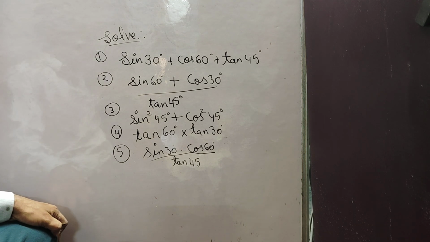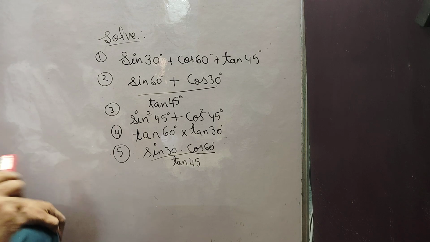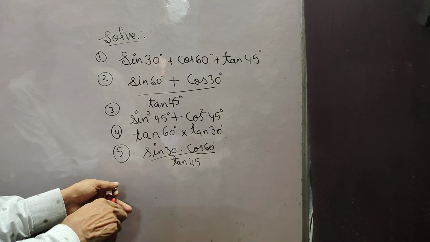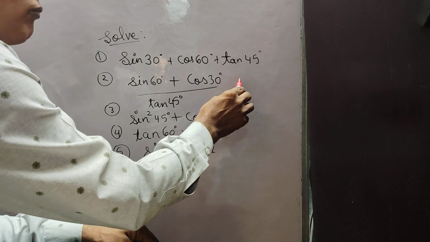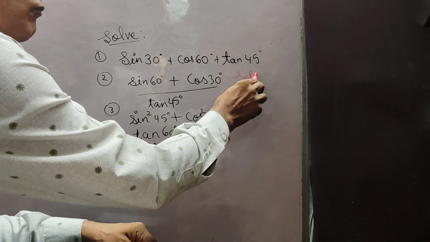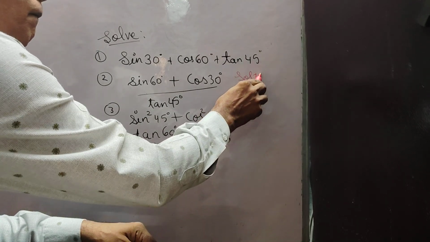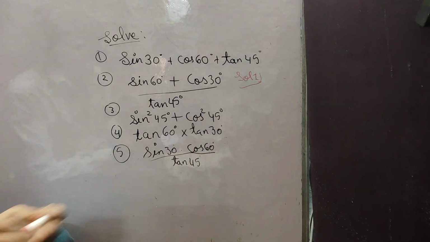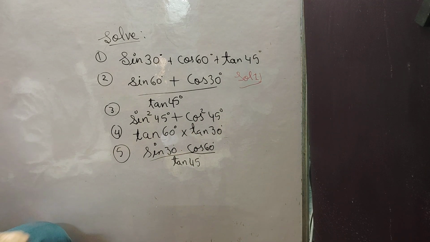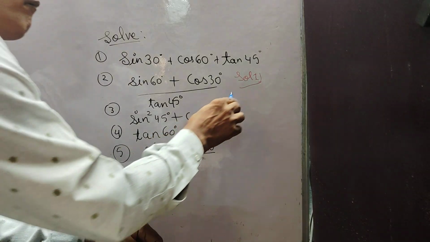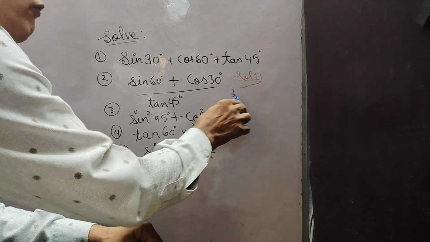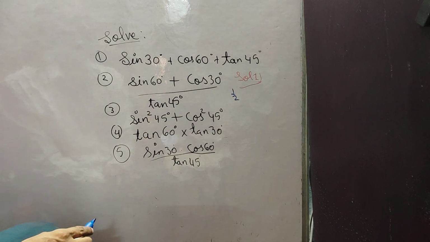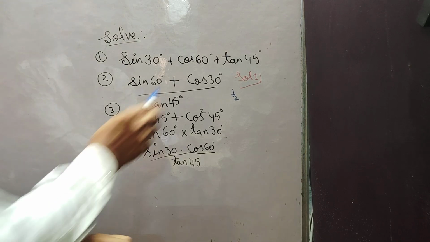Now first question we are solving here. So could you tell what is sine 30? Sin 30 is 1 over 2, half. Yes, and what is cos 60?